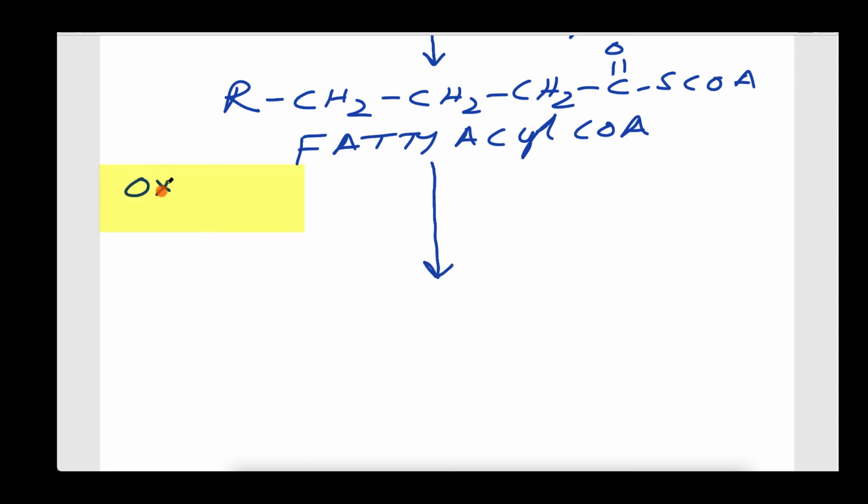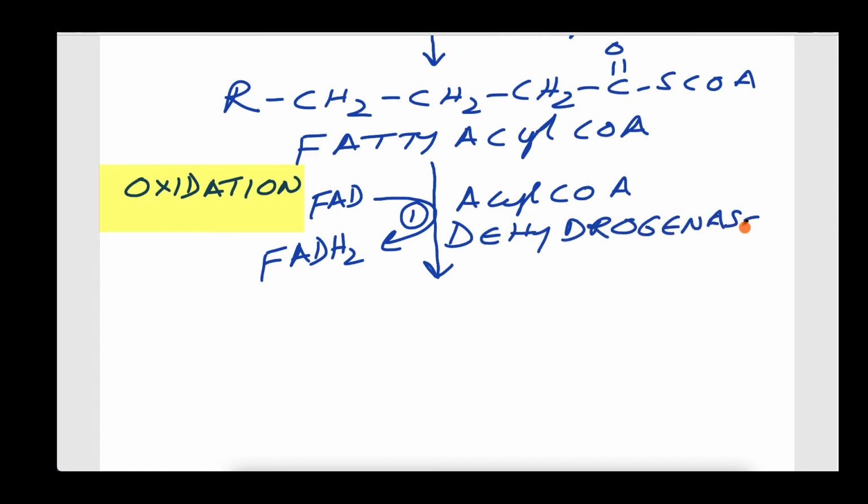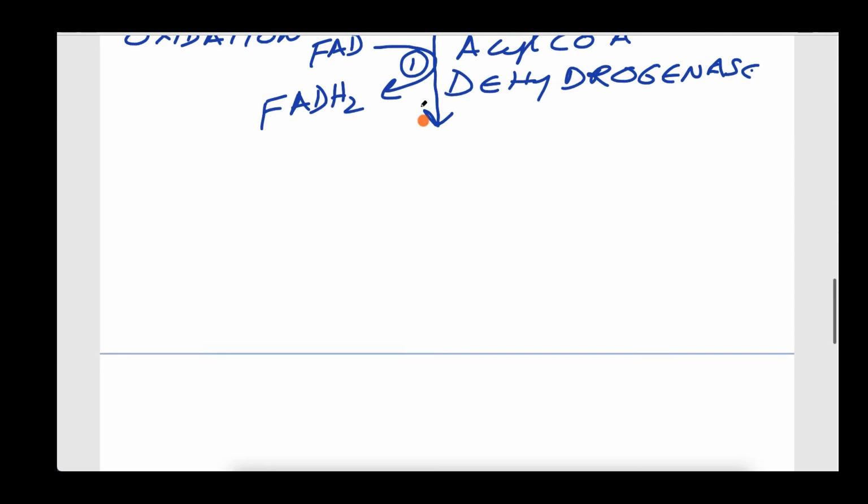The first one is oxidation, where the coenzyme FAD is converted to FADH2. Here, the enzyme is acyl CoA dehydrogenase. This is the alpha carbon, this is the beta carbon. The oxidation takes place at the beta carbon.